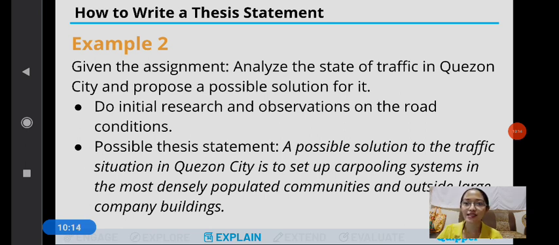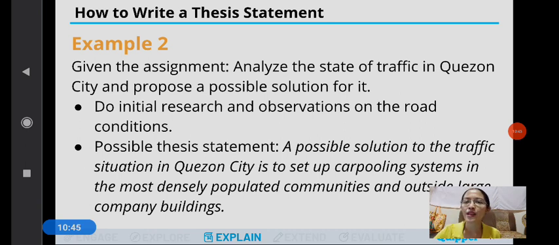Next, example number 2. Okay, if you're given an assignment to analyze the state of traffic in Quezon City or in Davao City and propose a possible solution for it. Now, as a writer, you have to do initial research first. You have to research before making a claim or before presenting suggestions, before presenting possible solutions.